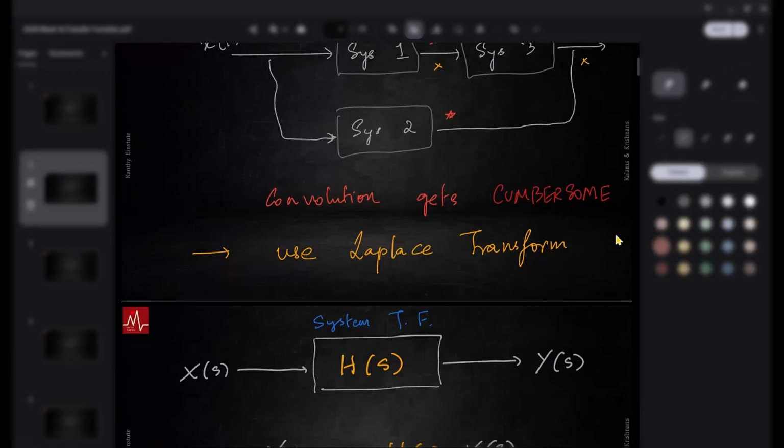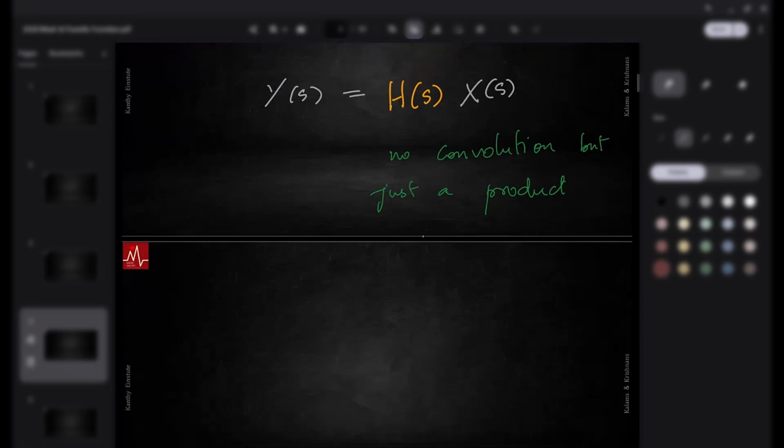This is, let's say, cascaded convolution. Cascaded convolution gets messy, cumbersome. We use the Laplace transform. So first, the simplest example. I need the transfer function for this.